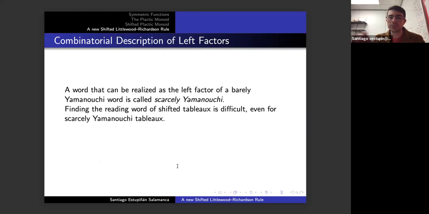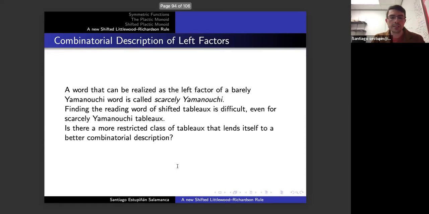So it is very difficult to read this tableau or to find a certain word that inserts to one of these tableaux. In general, a notion of reading words for Haiman's mixed insertion is not known, and this special class is not better in this respect. And so we have to find a way to solve this.